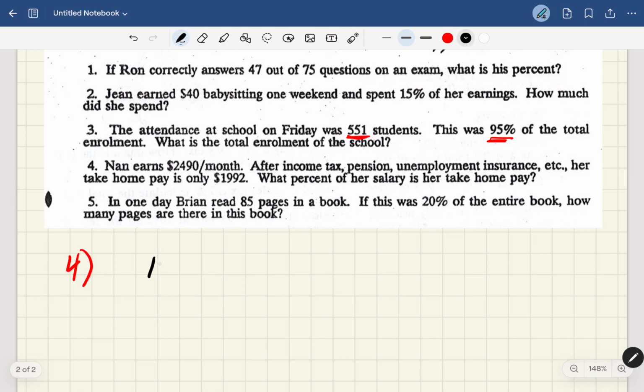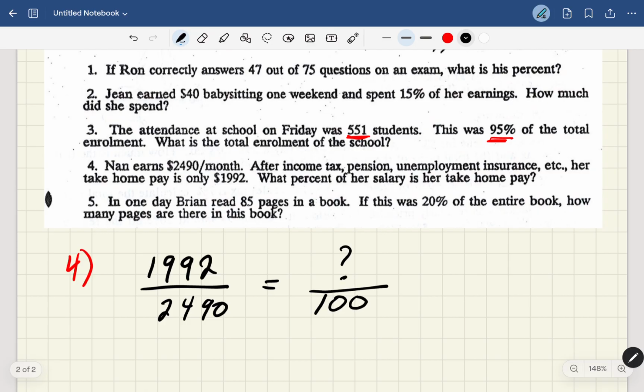So 1992 divided by 2490. What is that on 100? Again, you have a proportion, and then you just cross multiply. So 1992 times 100 divided by 2490. We can estimate that as about 80%. Let's see what that actually is.